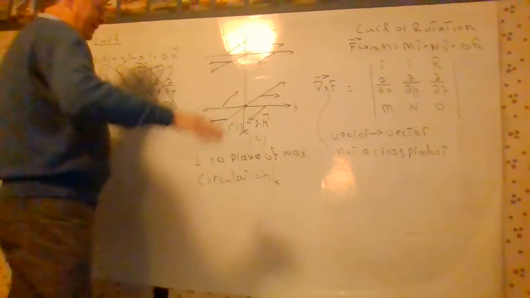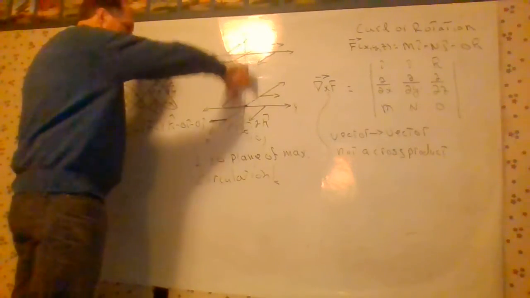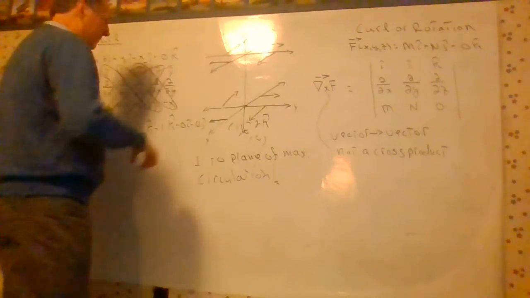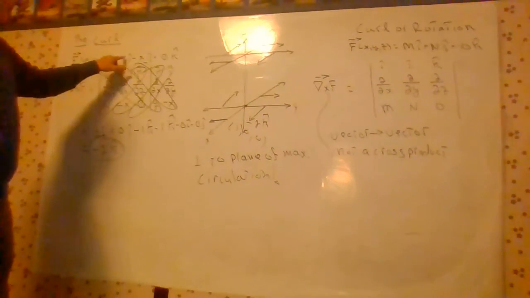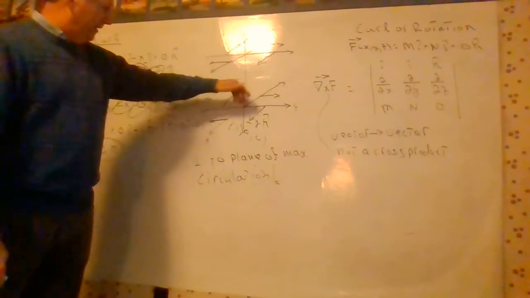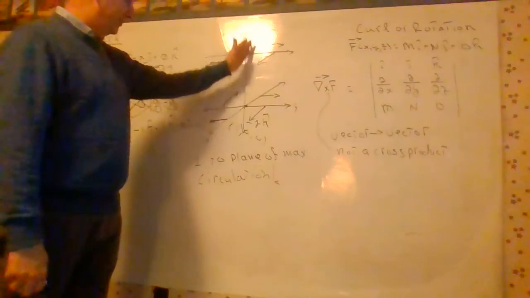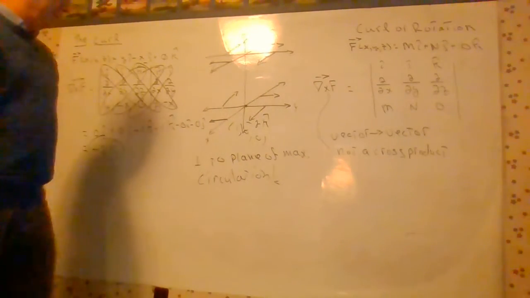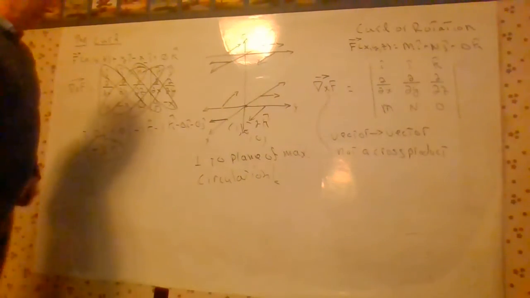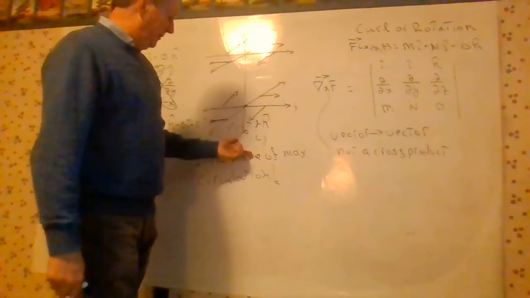You can use your right hand to go in the direction of circulation. Your thumb points in the direction of the curl, downward. If we were to make this negative, this positive, that would reverse the direction of circulation, and sure enough, the curl would be plus 2k. It would point upward.